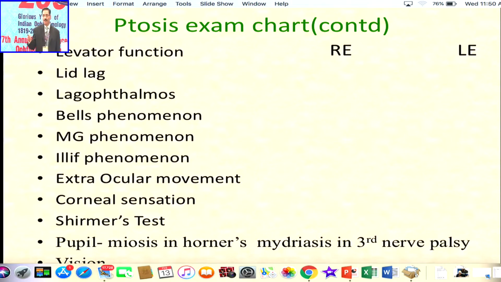So this will complete your ptosis chart. And if you make a chart like this and write the readings of the right eye here and the left eye in the other column, this will complete your long case of ptosis and also gives you complete examination detail of ptosis.